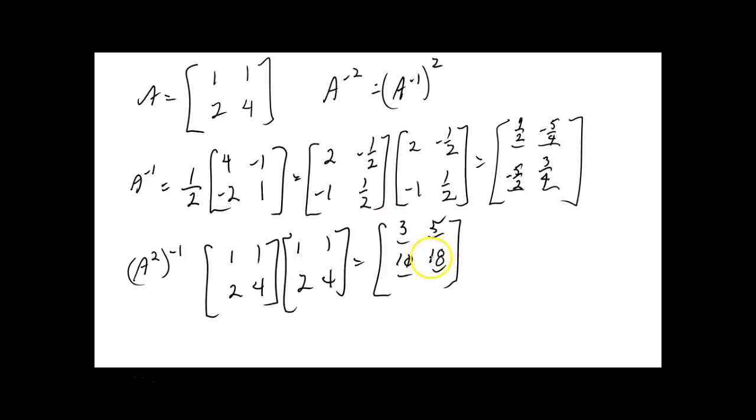Determinant, and what is that? 54 minus 50, which is 4. So your inverse would start off with 1 over 4. And then what do you do? Yep. What goes where?